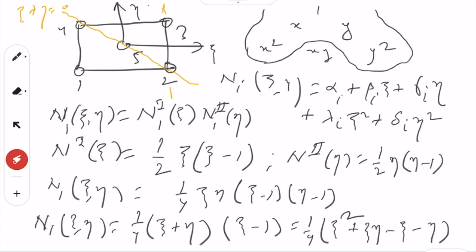So this equation will be xi plus eta equal to 2. So xi plus eta minus 1. So what we will get? We will get xi plus eta square minus 2 xi, minus 2 xi times minus eta, this kind of term.